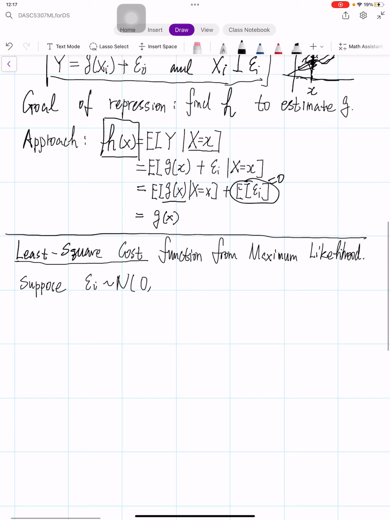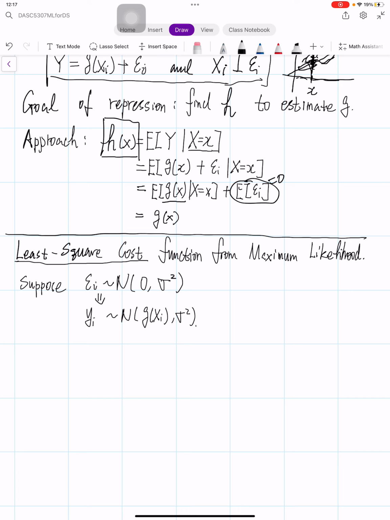For the regression problem, in a lot of cases we assume epsilon i follows a normal distribution with variance sigma square. And this implies our y follows a normal distribution with mean g(xi) and variance sigma square.